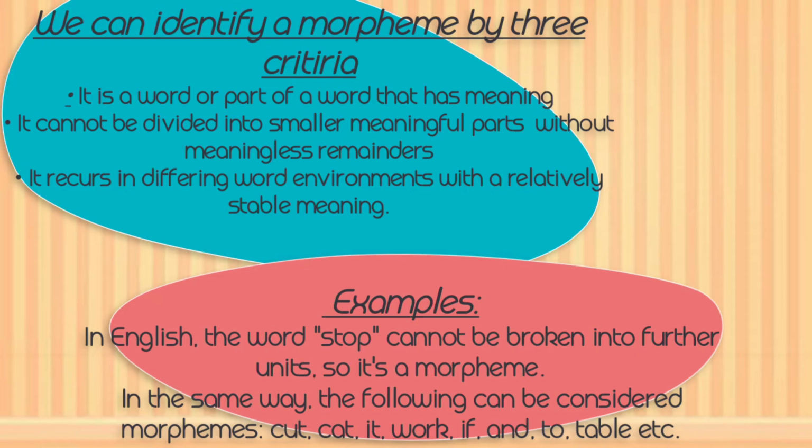That is the second criterion we use in identifying a morpheme. The last criterion: it recurs in different word environments with a relatively stable meaning.